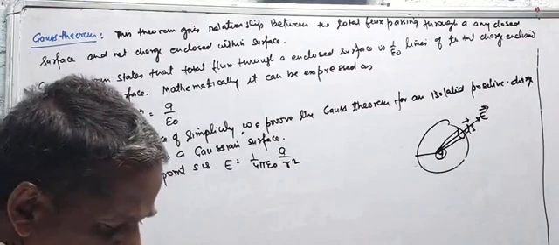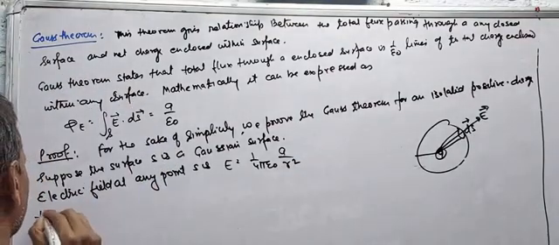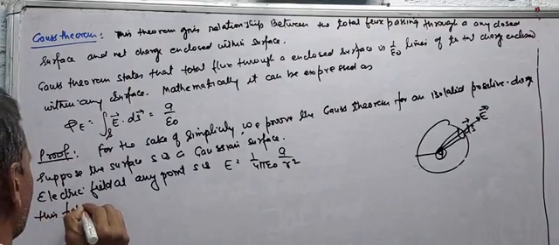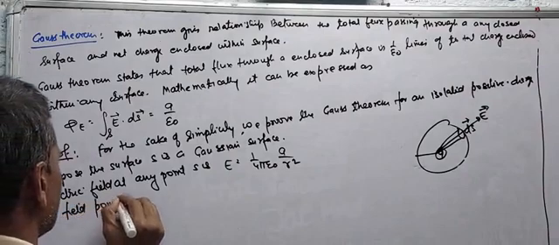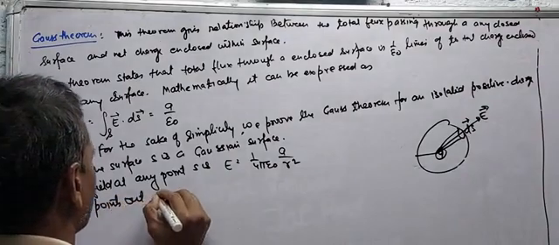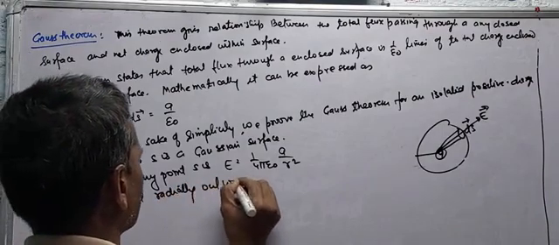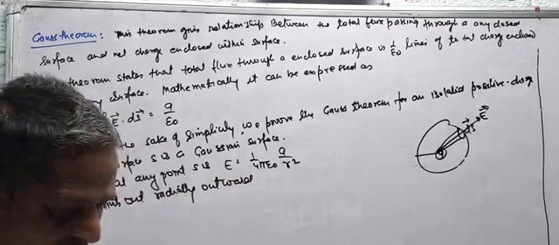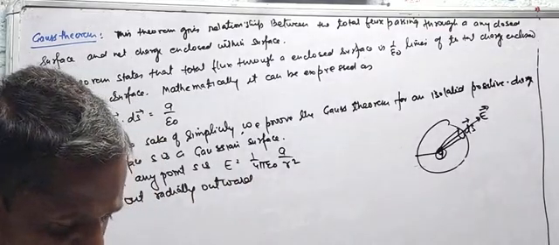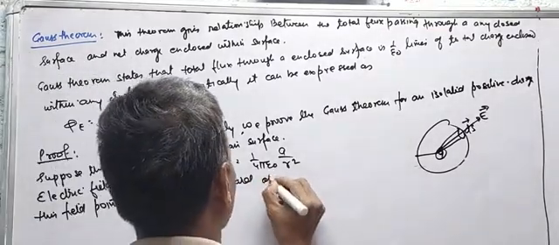This field points radially outwards at all points on S.